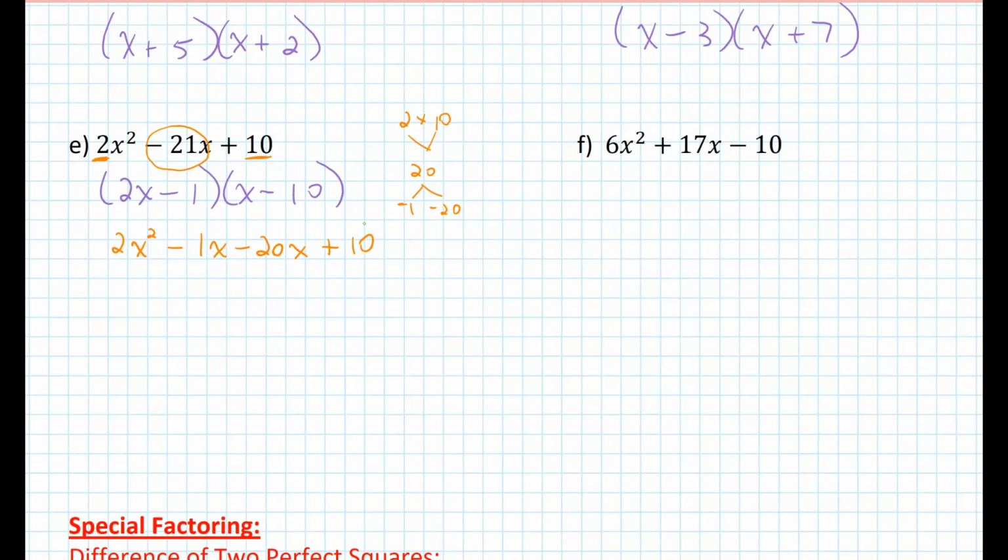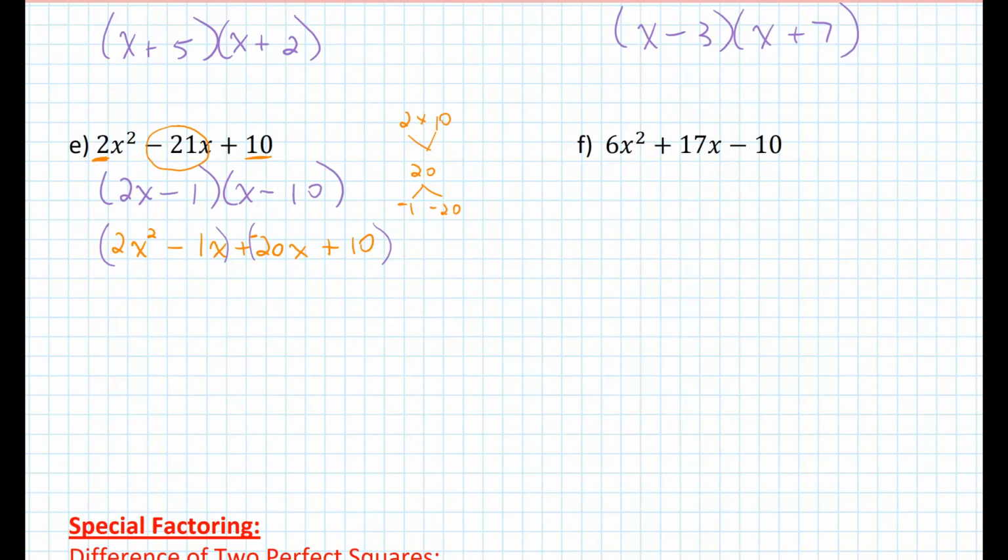Now this is what we call the grouping part. I'm going to group these first two terms, and then group the next two terms. I'm going to change this to a plus and this to a minus, though, for factoring purposes.